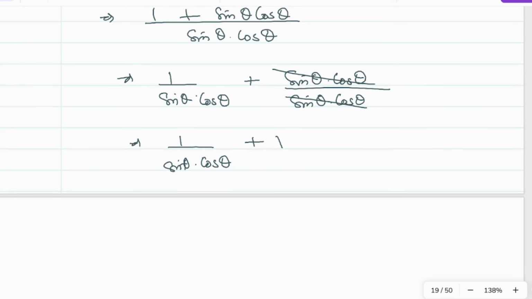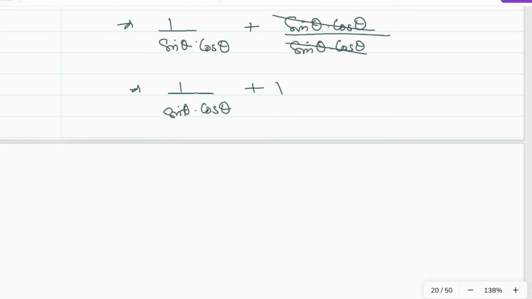But why am I writing it like this? Check the RHS. Our RHS is 1 plus sec theta cosec theta. This one again, 1 by sin theta into 1 by cos theta plus 1. What is 1 by sin theta?